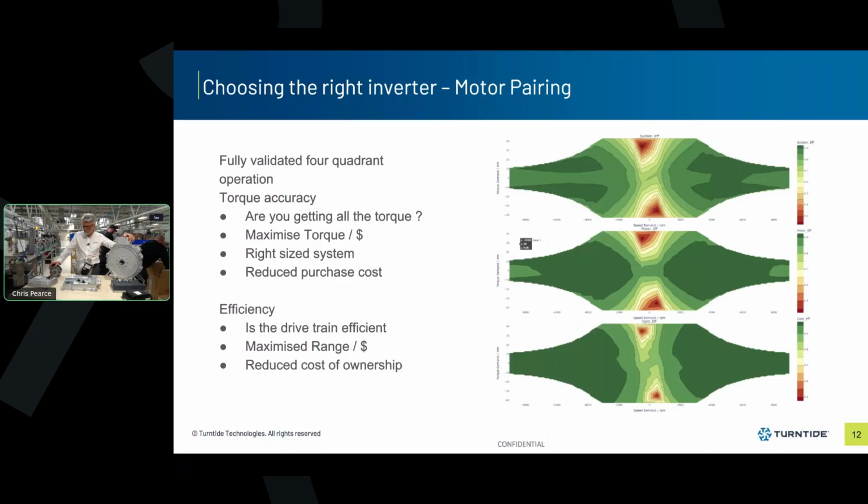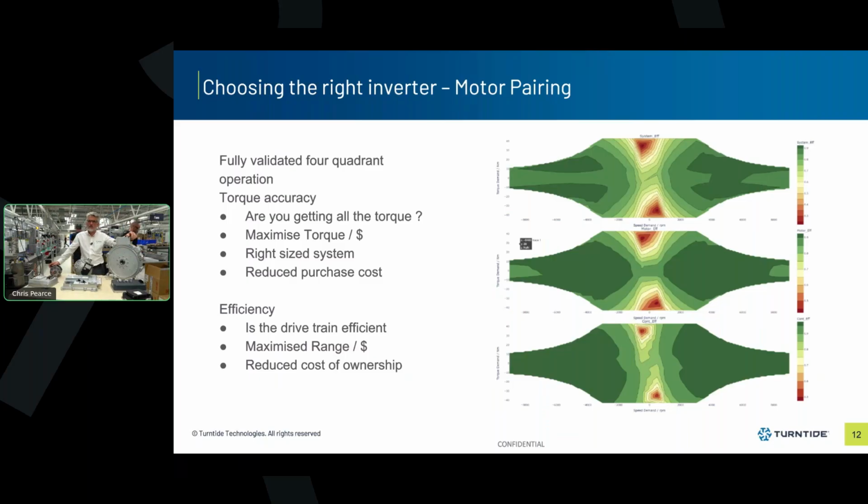With an interior permanent magnet machine, which has a high torque density, we need to do a lot of careful analysis of the operation of that machine across its torque speed range. That gives a set of results and torque accuracies that we can then use to, whilst we're doing that, measure the system efficiency.